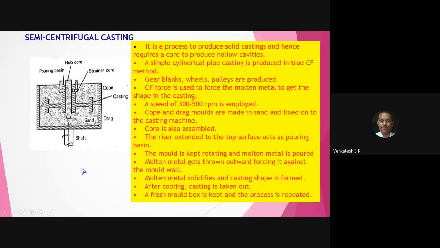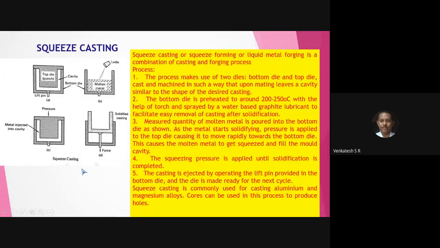Next, come to the point, squeeze casting process. Say, if you need a casting of low thickness, a casting made of non-ferrous metal like copper, aluminum, magnesium, of the C type, this can be produced by using squeeze casting.